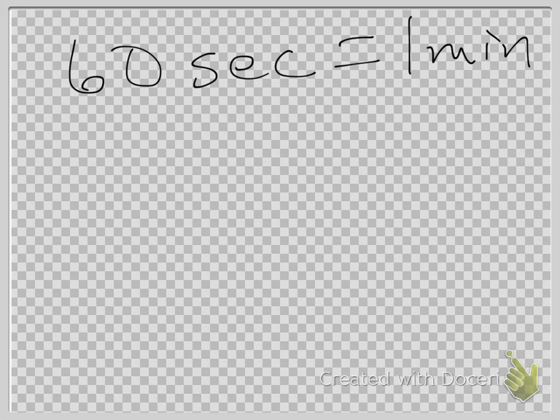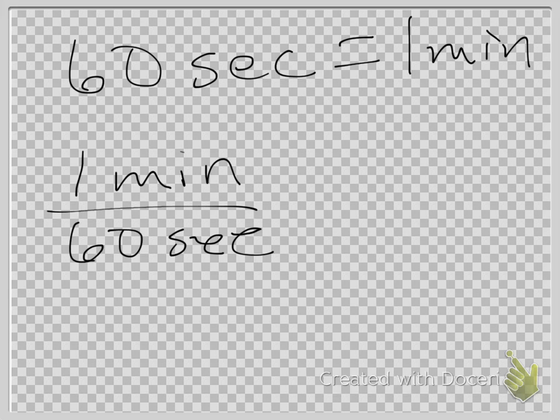If I had 60 seconds like we said before, and we said 60 seconds equals 1 minute, even though the units are different, I should be able to say 1 minute divided by 60 seconds still equals 1. So in my multiplying or dividing, I'm changing the unit, but I'm keeping the number the same. This is what we're going to use to continue to go through this.